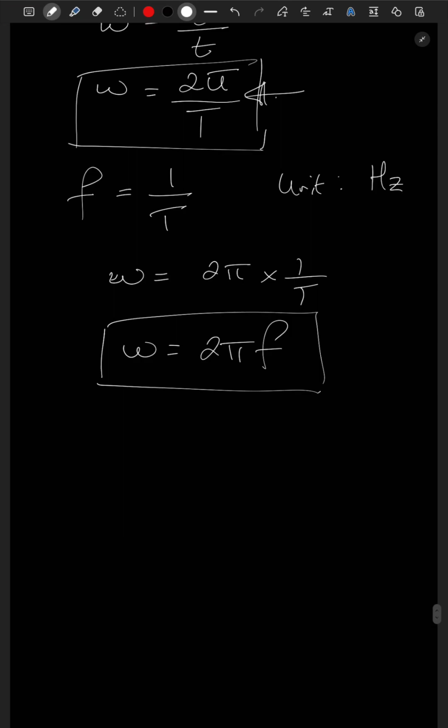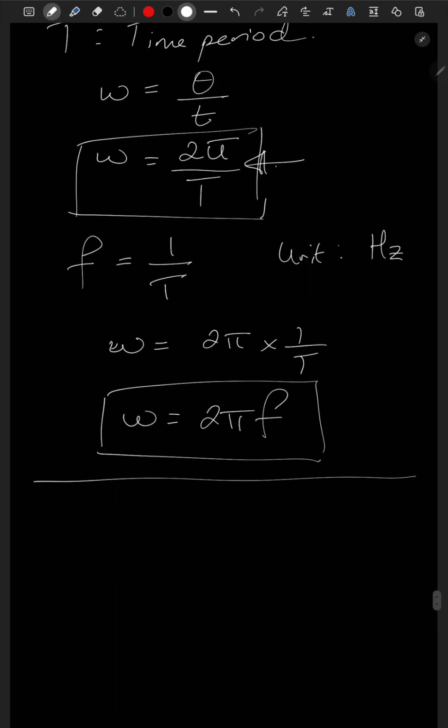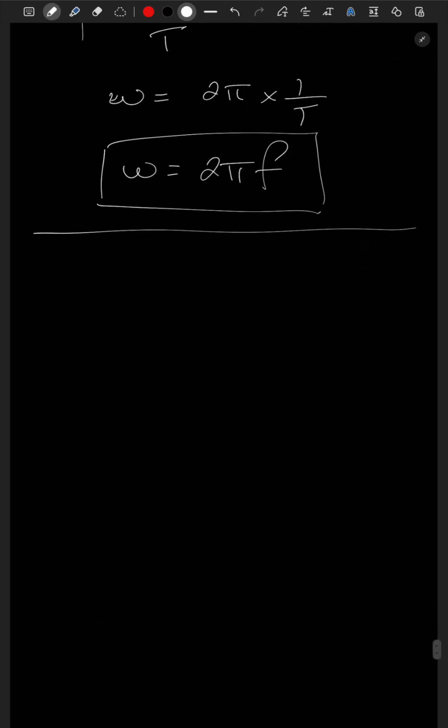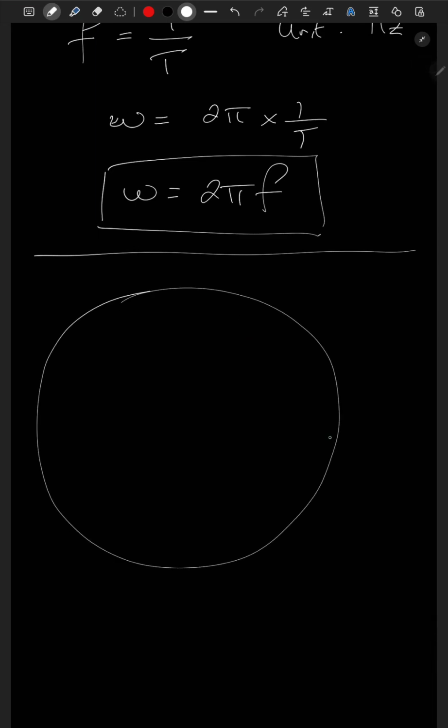Now let's talk about the direction of the particle's acceleration and the force, and also the velocity of the particle. Now let's assume the particle is traveling again through a circle. So this is the radius.